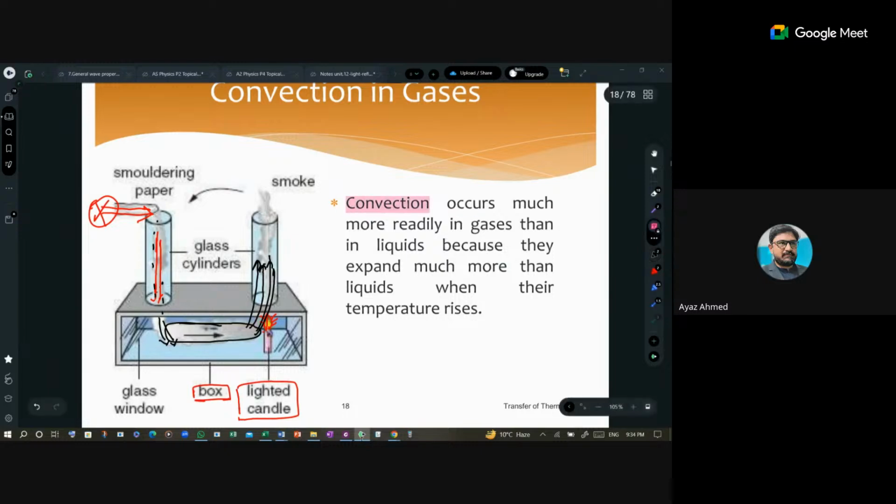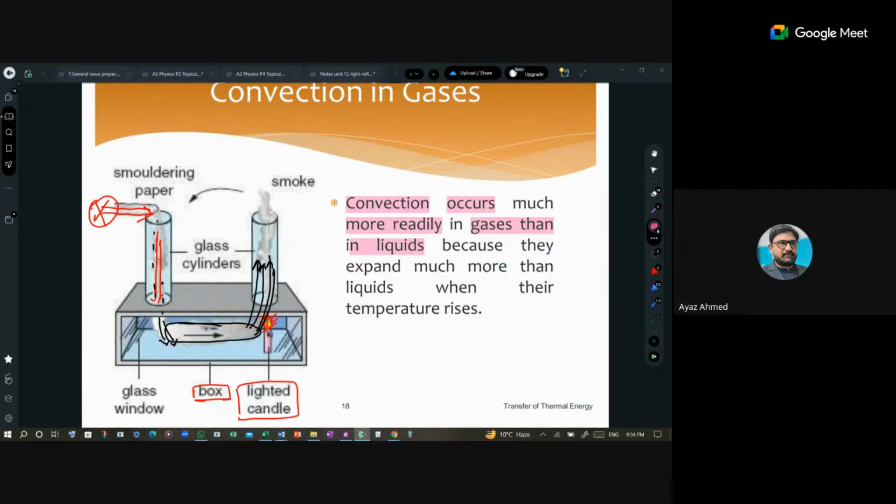So convection occurs much more readily in gases than liquids. Why? Because gas particles are very far apart from each other, and those gas particles are free to move as well. That's why convection is very clear or obvious in gas particles, right? Rather than the liquids.